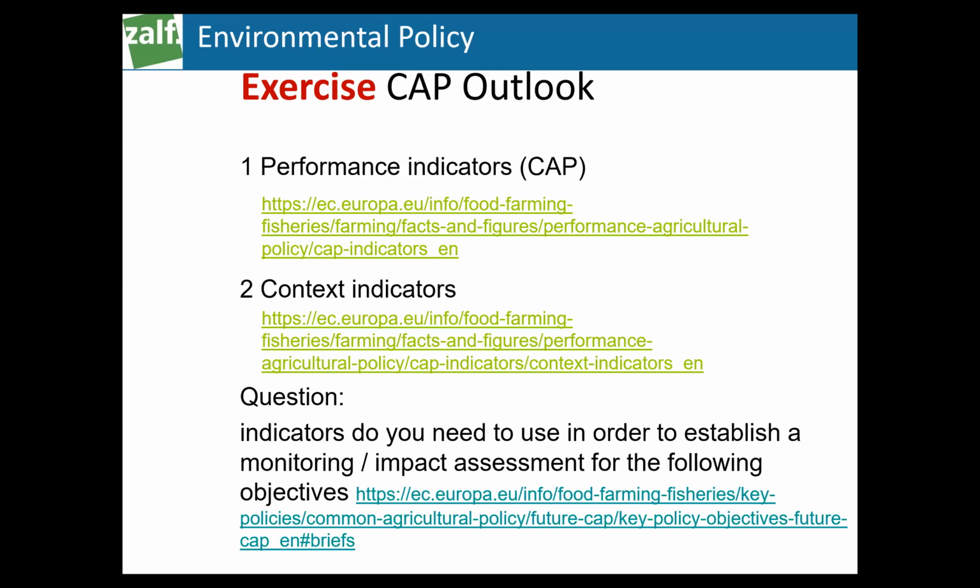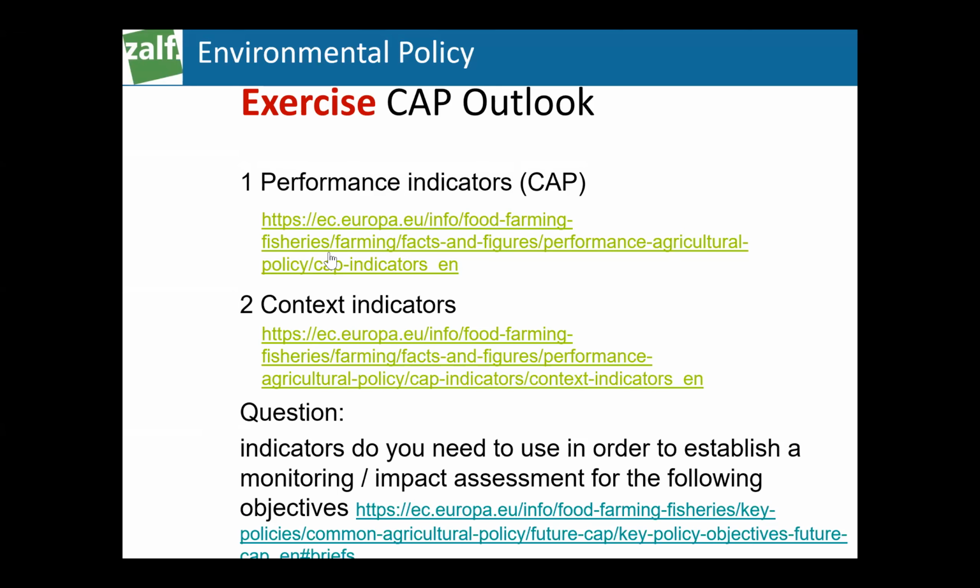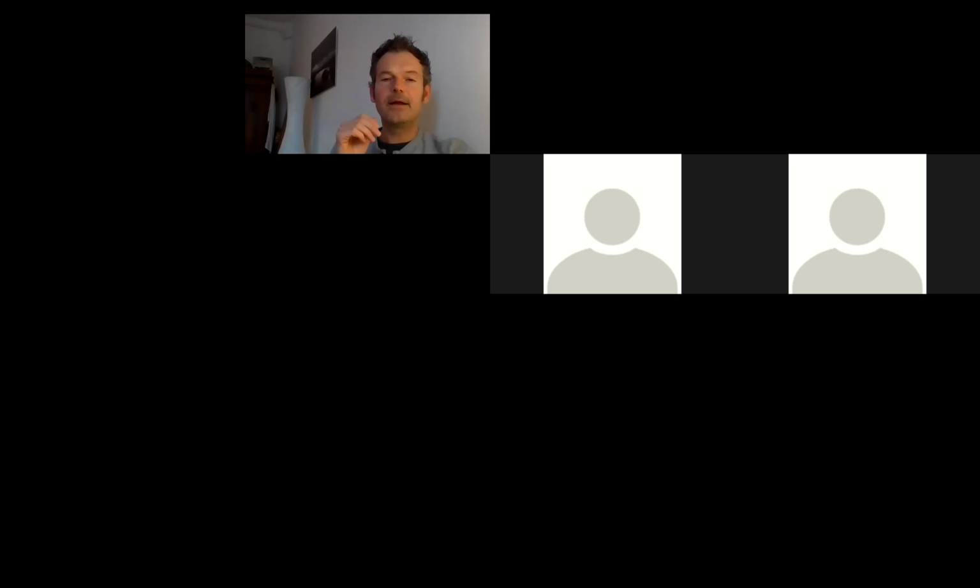And now it comes to real work. If we look and open now the performance indicator, I just do it now, and I try to stop my slides and to go into the performance indicators, into the home page.